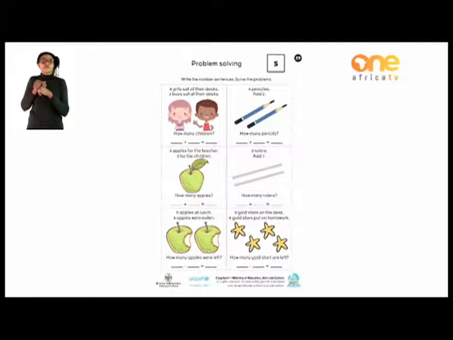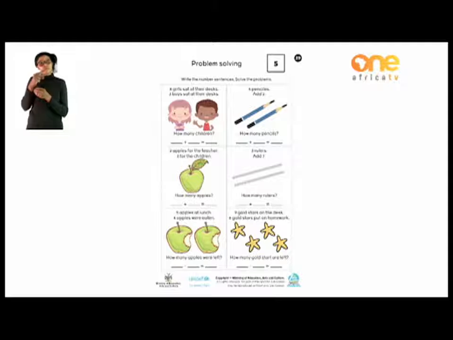On the first line, there are 4 girls. So what must you write on the first line? Number 4. What must you write after the plus sign? There are 3 boys that sat at their desks. So what must you write on that line? Number 3.